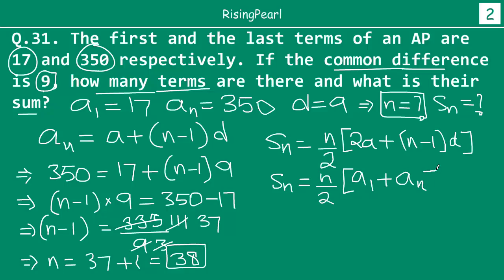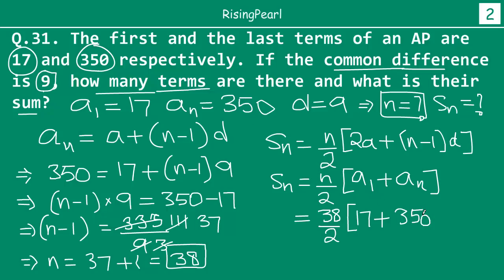We are going to use this one simply because the first term, last term and n are known to us. So n is 38, divided by 2, times a1, which is 17, plus the nth term, which is 350.